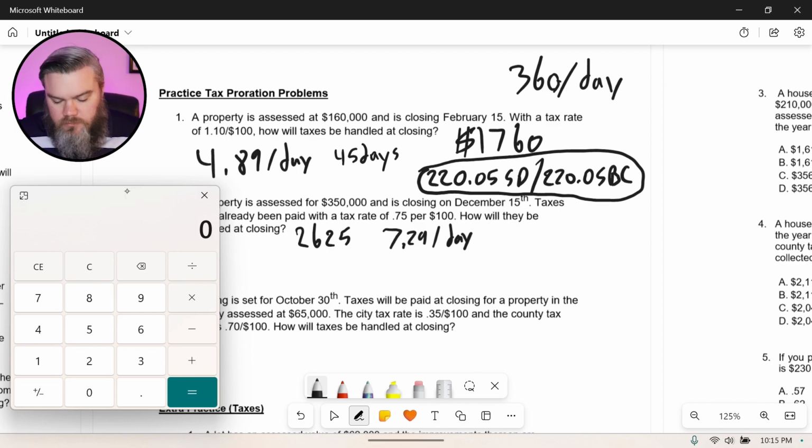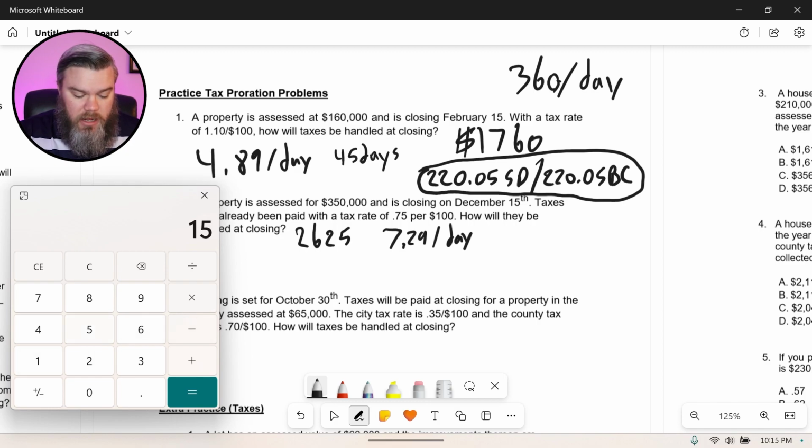There we go. As opposed to counting January 1st all the way up to and including December 15th, folks, if we're doing a 360-day scale, that means December has 30 days in it. Okay, every month has 30 when we're doing a 360-day setup. So of the 30 days in December, the seller is responsible for the first up through and including the day of closing, which is December 15th.